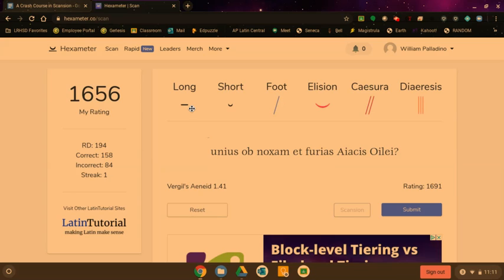This website's pretty cool. It gives you the symbols for long and short. I'm not going to go over what a caesura is or what a diaeresis is, so don't worry about that. First thing you probably want to do is look for an elision. An elision is when a word ends in a vowel and the next word begins with a vowel. That doesn't happen here, but this word ends in vowel plus M, which we talked about.